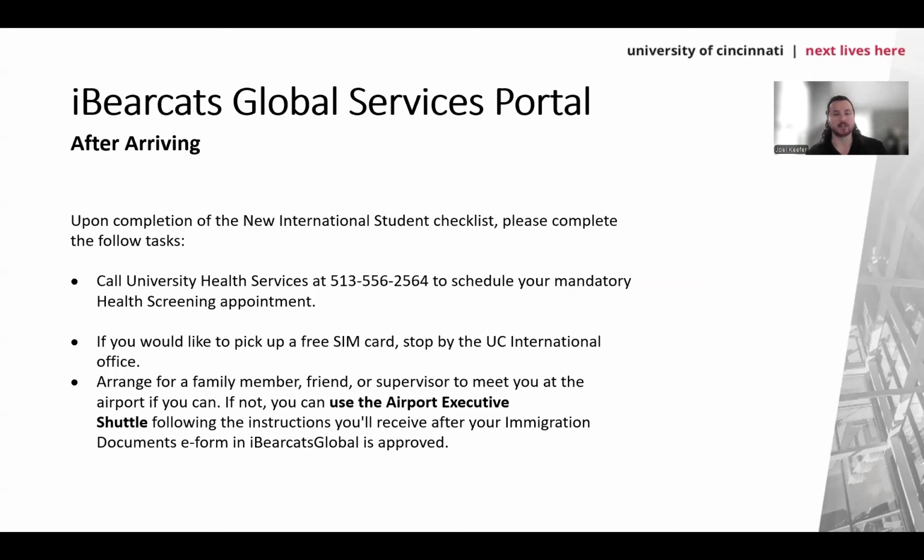If you stop by our office at 1 Edwards Center, then you can get a free SIM card so you can start using your phone when you arrive. And as I mentioned previously, the airport executive transportation shuttle is available, and in that email you'll receive the password to register for a ride.